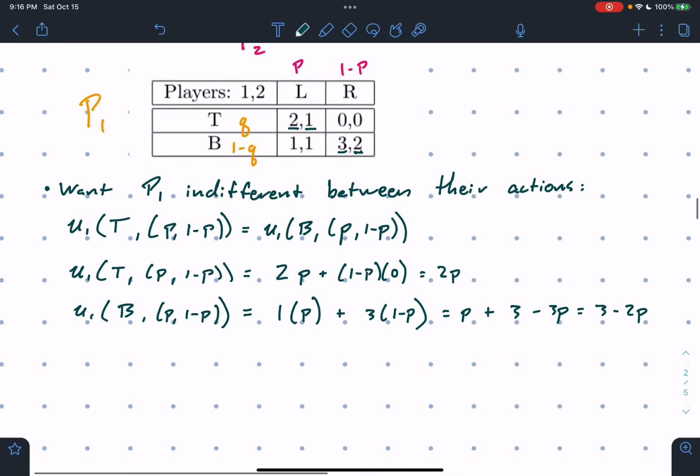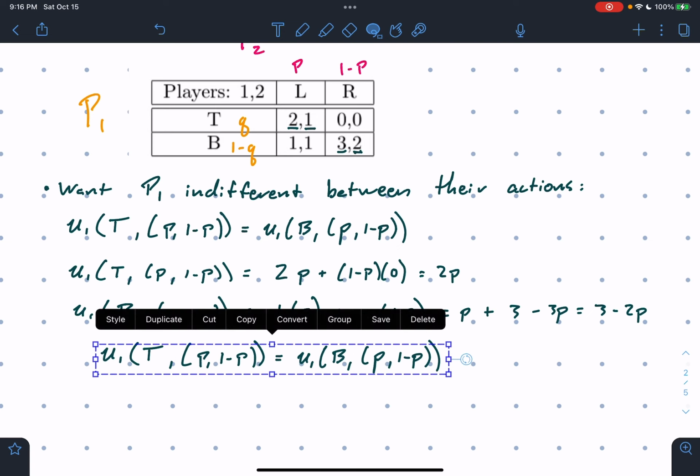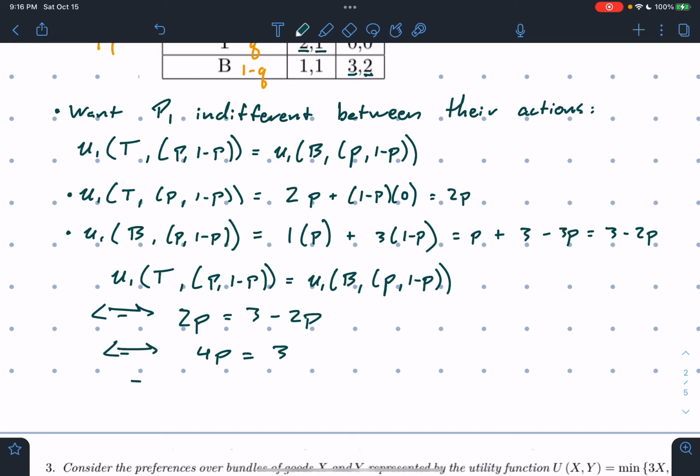Okay. So to set these equal to each other, we would need 2P to equal 3 minus 2P. So this means that we would need 4P equal to 3. In other words, P is equal to 3/4.